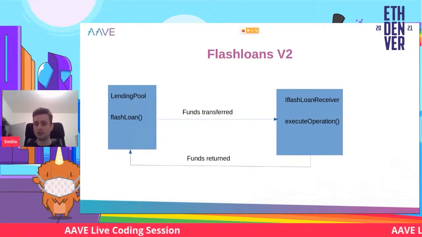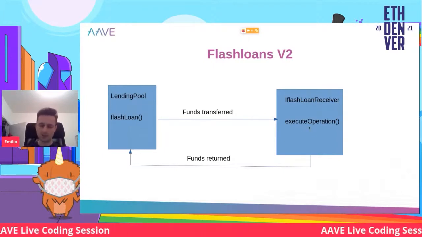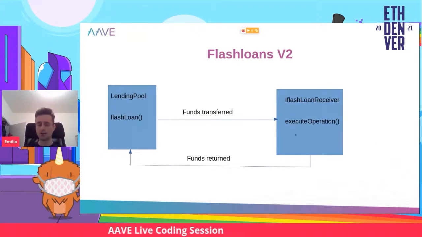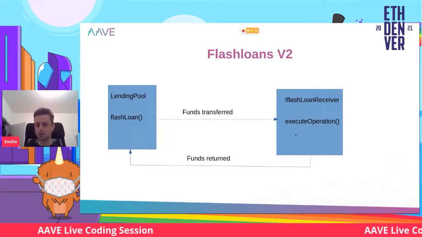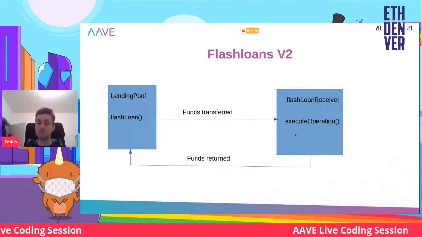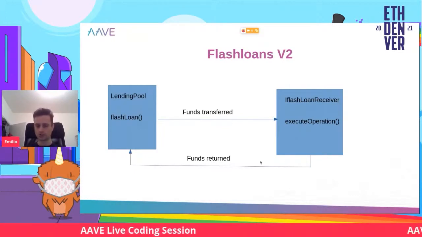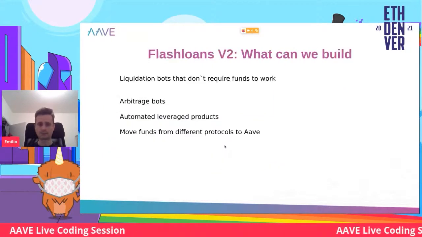It can be invoking a liquidation on Compound. So we get the funds from here and we liquidate on Compound without actually having any funds, or it can be any other usage of funds that can be executed profitably in one transaction. This is more or less what flash loans are used for, okay?